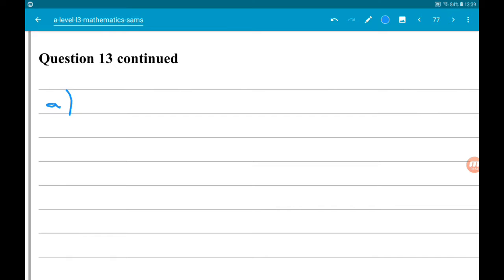So we're given the compound angle formulas.